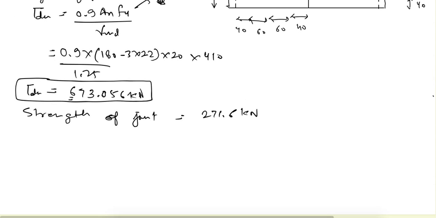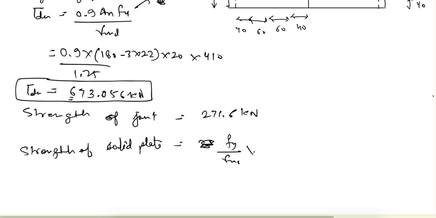Now to obtain the efficiency, first we need to find out the strength of solid plate. So the strength of solid plate is governed by the yield strength, that is given as fy upon gamma m0 into area, that is gross area.